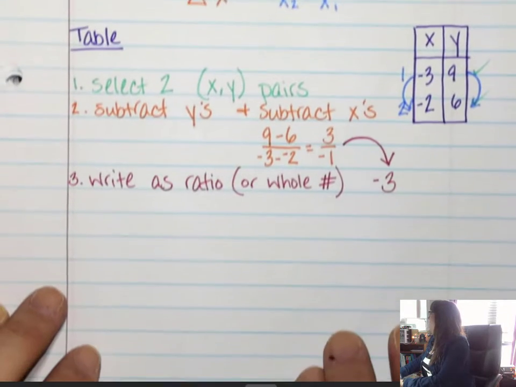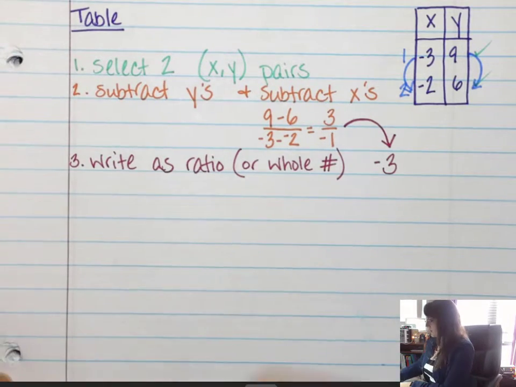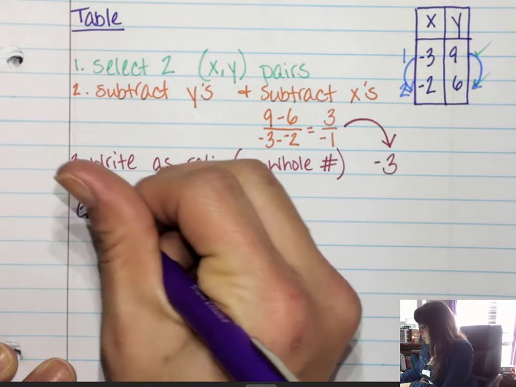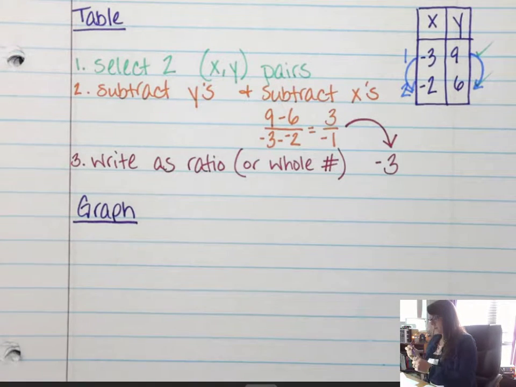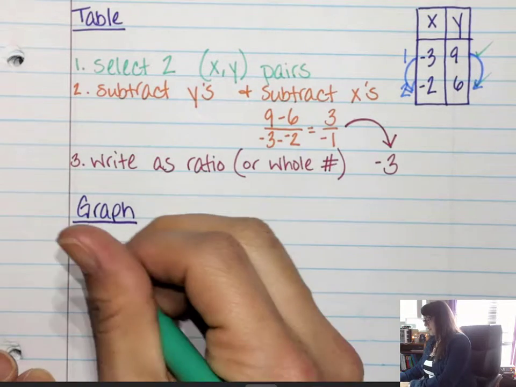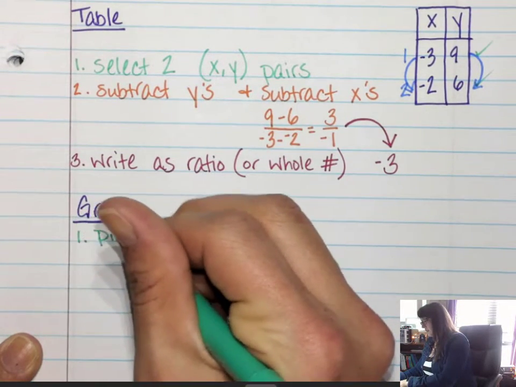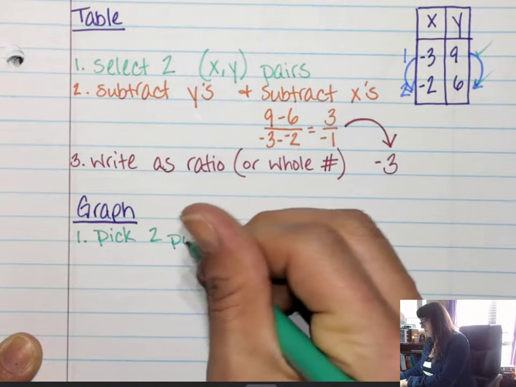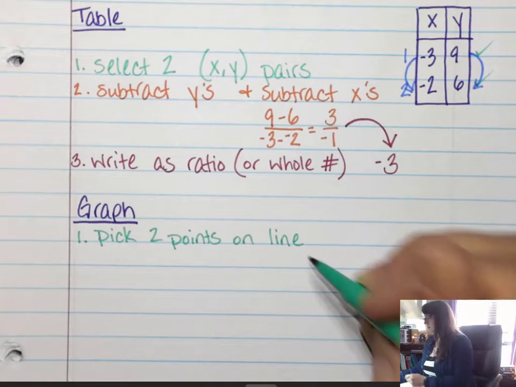I really like the next part, which is a graph, because one of the instructions is to count. If you have a graph, the instructions are very similar, but instead of subtract, we're just going to count. So step 1, pick 2 points on the line.